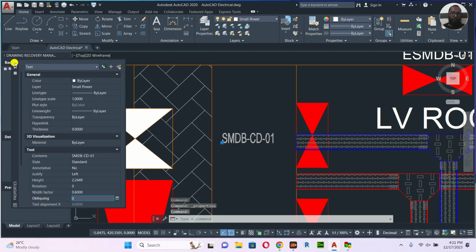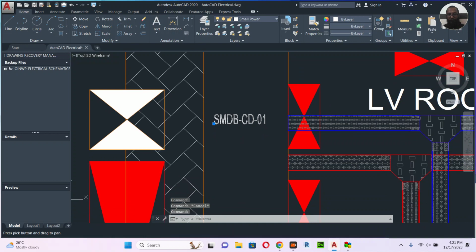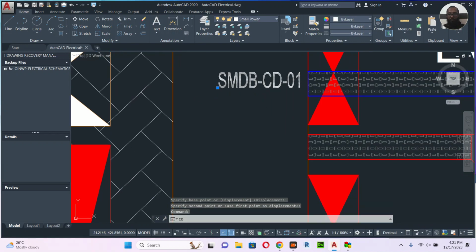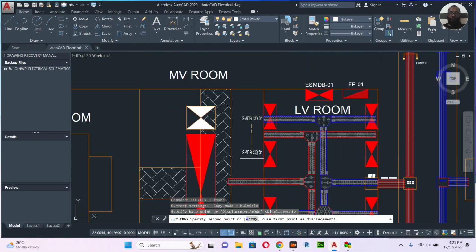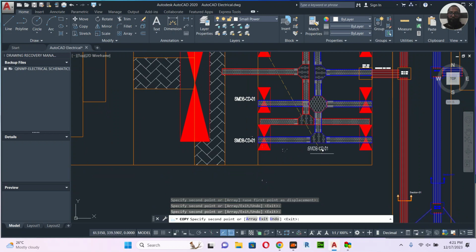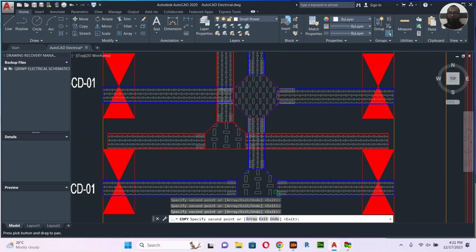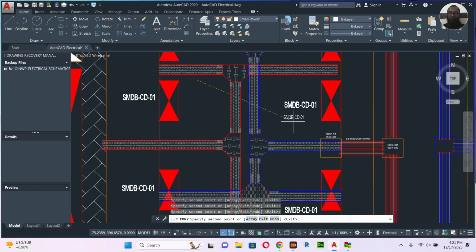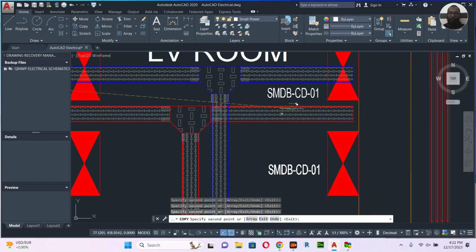If you press Ctrl 1, it will open, or you can type PR. So this is 2, 3, 4, let's make 5, 6, and 7, and 8.